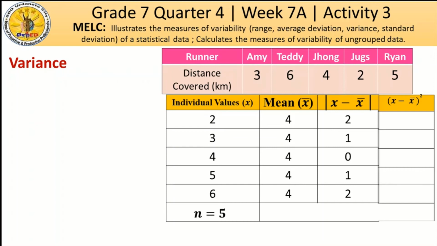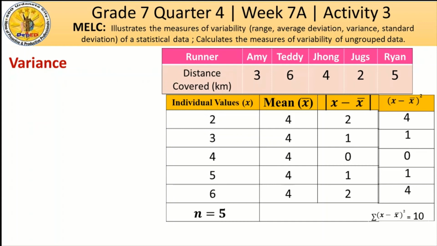So, 2 squared is 4, 1 squared is 1, the 0 squared is 0, 1 squared is 1, and 2 squared is 4. And then, let us just find the sum of the squared difference of each individual values and the mean. So, 4 plus 1 plus 0 plus 1 plus 4 is equal to 10.